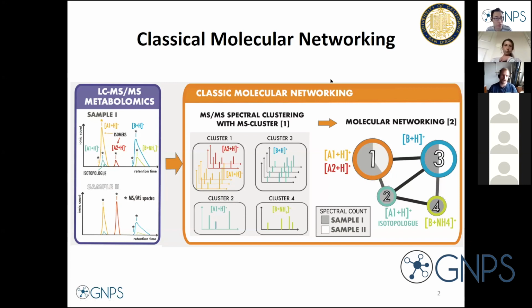Basically on the left you have the input data from LCMS, so you have MS1 and MS2, but then you take only the MS2s and collapse the identical spectra in clusters and then display them here as a network.